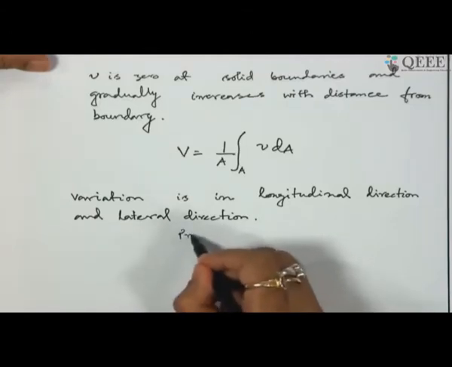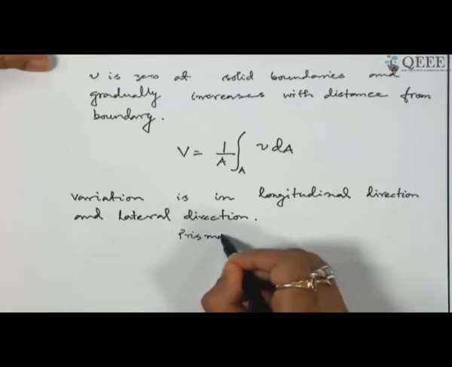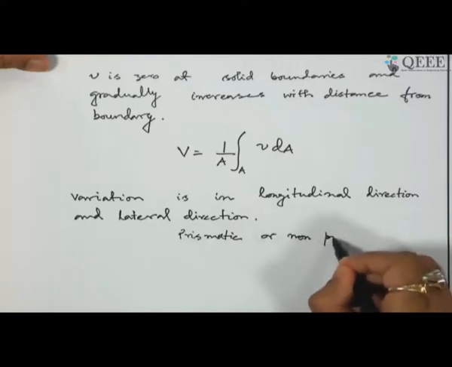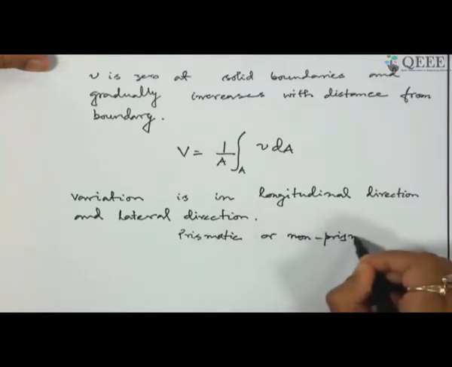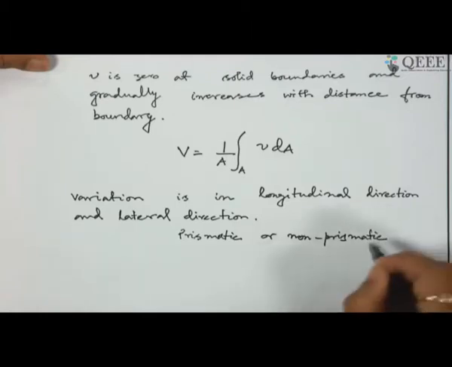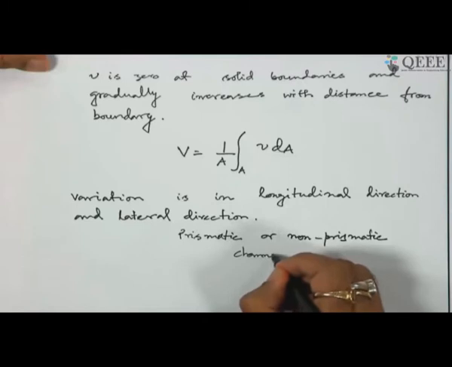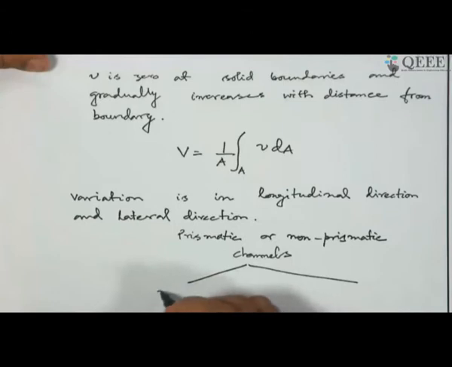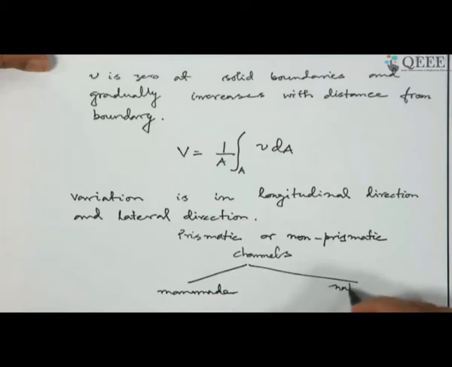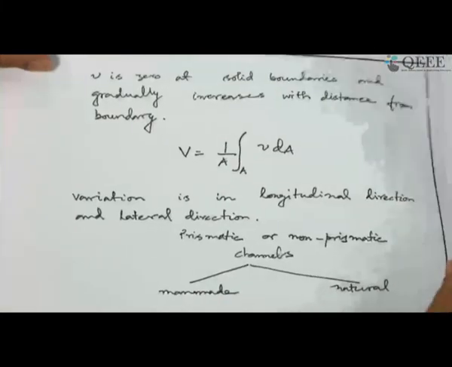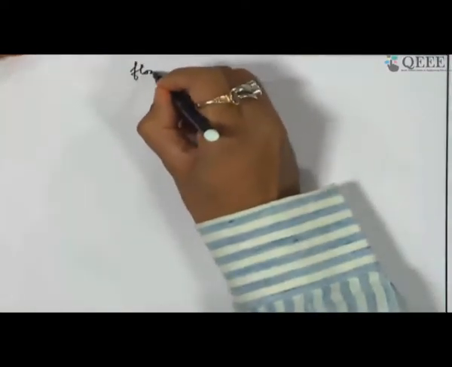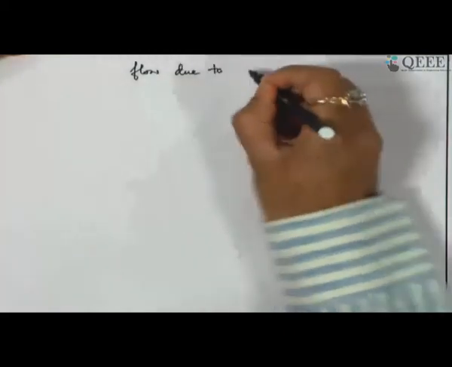We are talking about either prismatic or non-prismatic channels. These can be either man-made or natural ones, and mostly our concern is flow due to gravity.